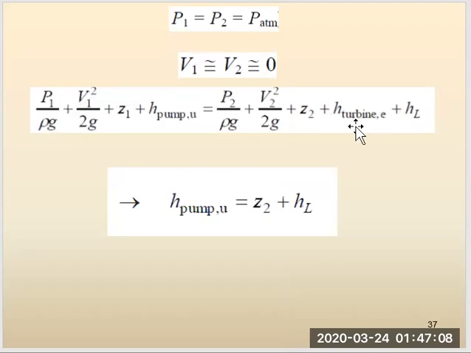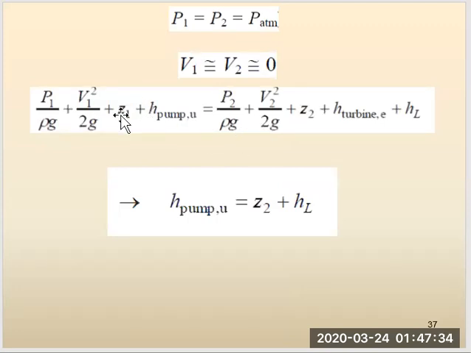We don't have a turbine, so we don't have this term. This is 0. We have a pump. We have head loss as a result of piping. Also, the pressures at points 1 and 2 are equal, equal to the pressure of the atmosphere, so these two terms cancel out. The velocities at points 1 and 2 are almost 0.